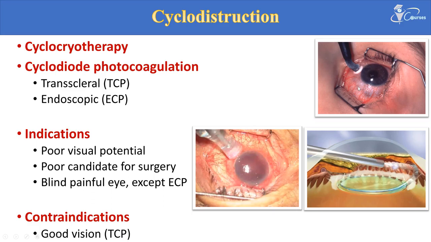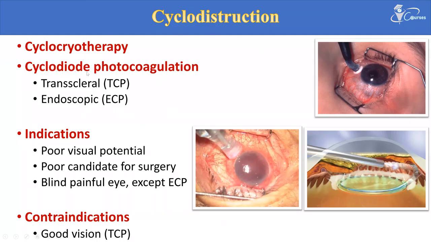I think that it is not done anymore. I did it in my early residency a couple of times, and then it was switched to cyclophotocoagulation, but I don't know if other places in the world may still be using it, but it is still a way for cyclodestruction.